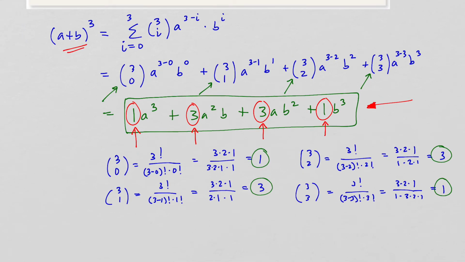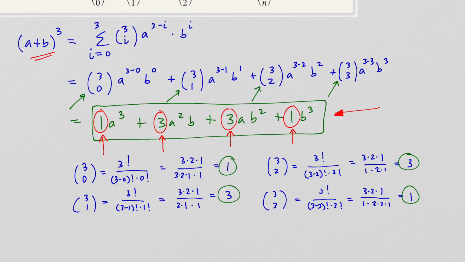So you can use Pascal's triangle to help you get the coefficients and not have to go through all of this computation that we did down here. Now, you can do it either way. I'm not suggesting one way is better than the other, but many students prefer Pascal's triangle.